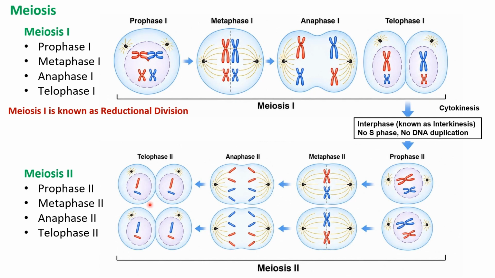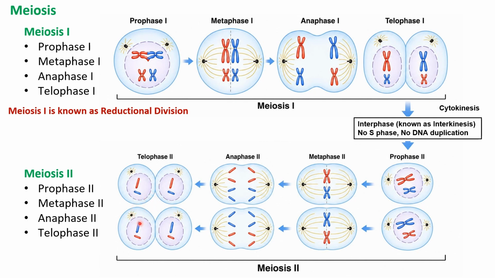Finally, during telophase II, nuclear membranes are reformed around each of the 4 daughter nuclei, and cytokinesis takes place by separating each nucleus into a separate cell. Then it results in 4 haploid cells.